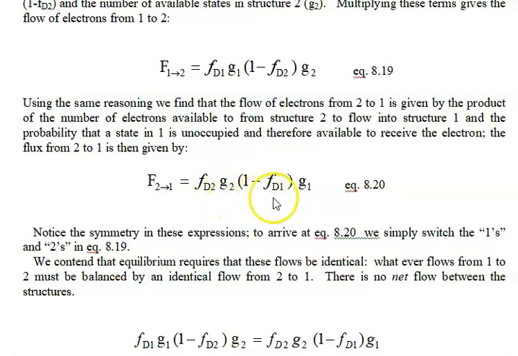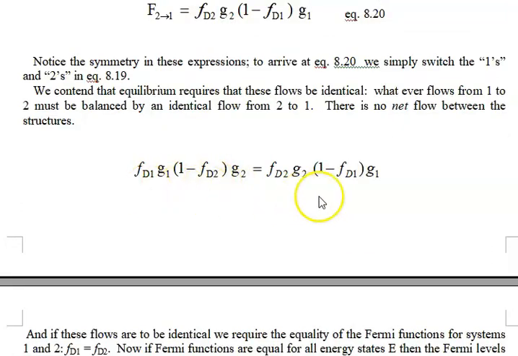We have to have empty states in component 1, and a lot of states in component 1, but not occupied. So we just equate these two, set one equal to the other, and cancel out G1 and G2. The only way for this to be equal is for FD1 to be equal to FD2.